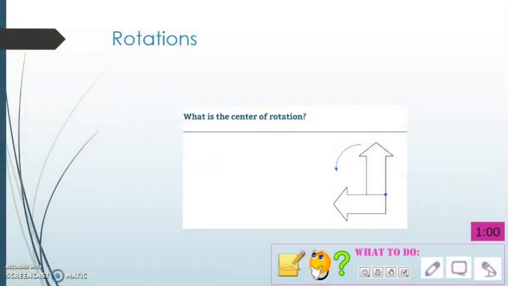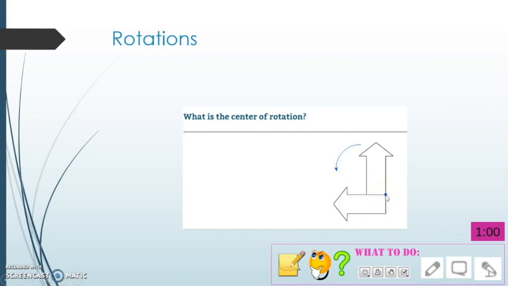Taking a look at this image, we can see that the pre-image is the top arrow and the image is the bottom arrow. We want to decide what is the center of rotation. You can kind of tell from the diagram, because it's marked, that the center of rotation is going to be this blue dot here, the bottom right corner of the arrow.